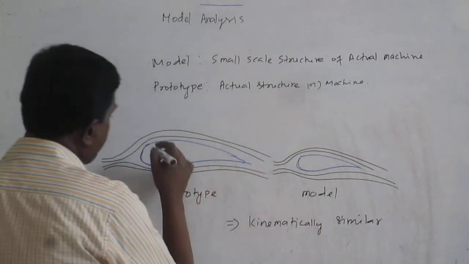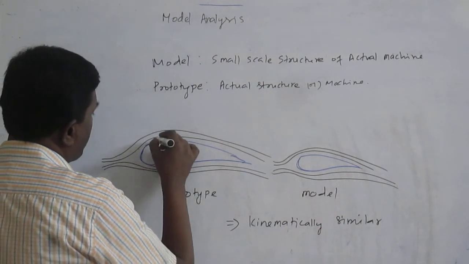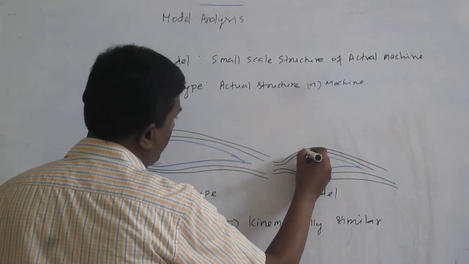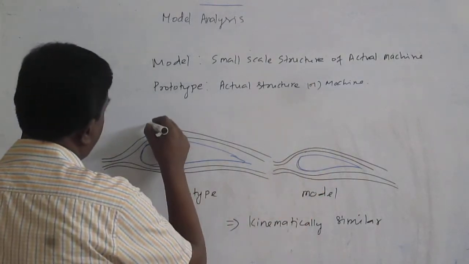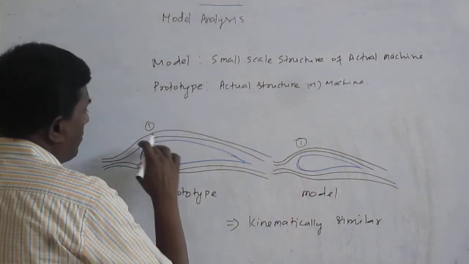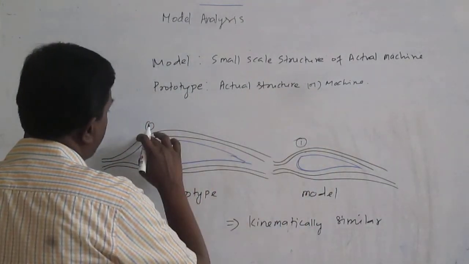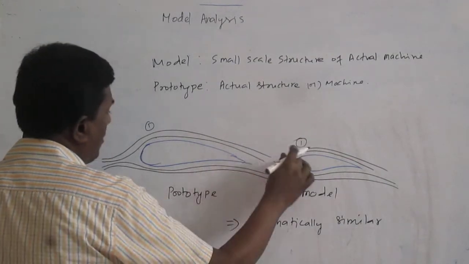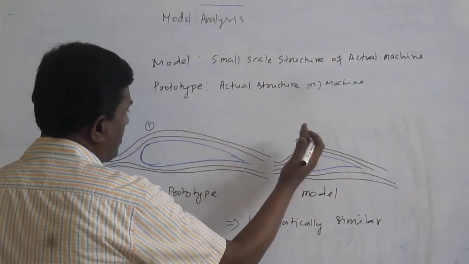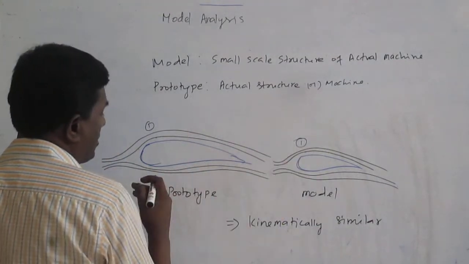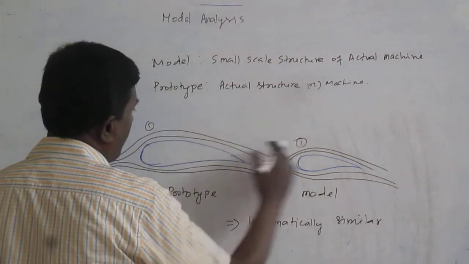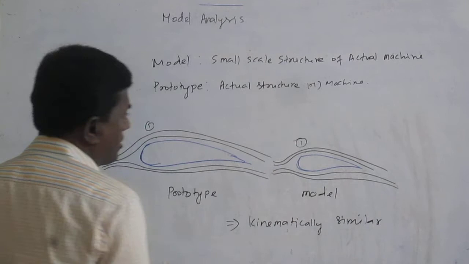Then for example, if we have some kind of point here, take it as point 1, and this is point 2. So if point 1 in the prototype and point 1 in the model have the similar locations, it means with respect to the geometric aspect, both have the similar dimensions.